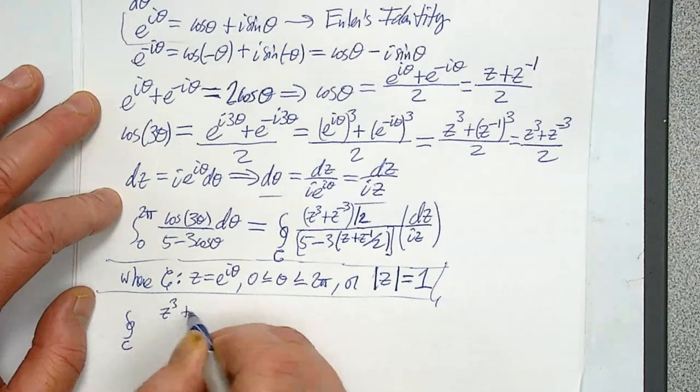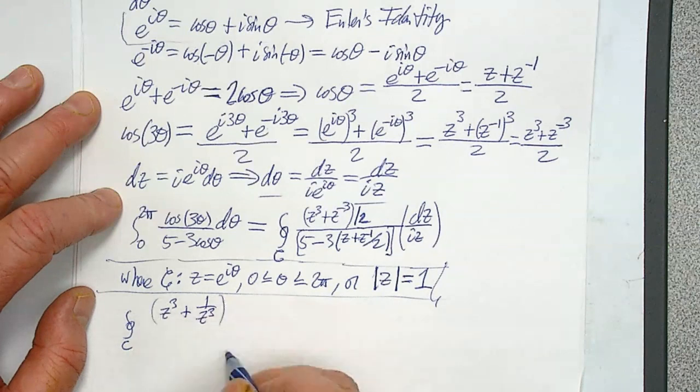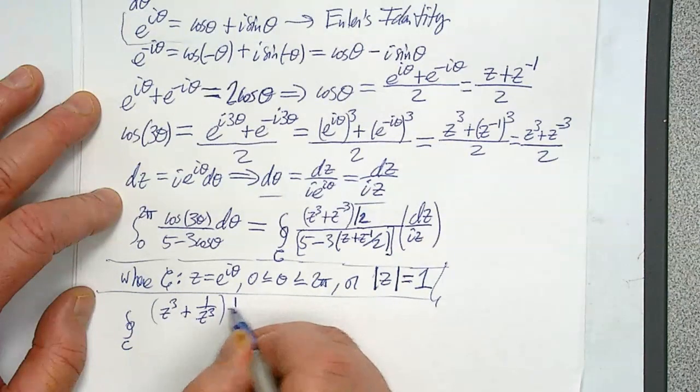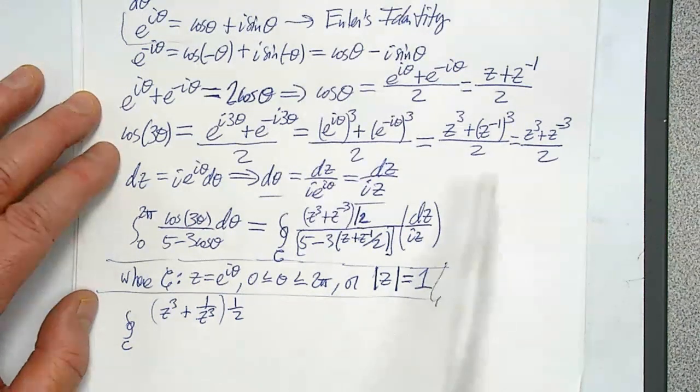What we have here is, I'm going to write it out this way, z to the third plus 1 over z to the third. Then we have a factor of 1/2 in there, based on what we have here.